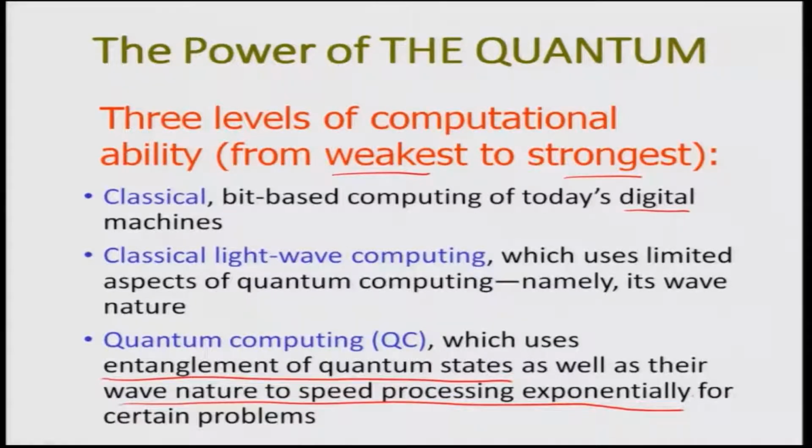Even if it is not exponentially speeding it up, whenever an entangled process is available in terms of quantum states, the resource handling becomes much simpler and there is much less requirement on the resources. The same problem done in classical light wave computing versus in the quantum computing sense would require much fewer resources in the quantum computing sense.